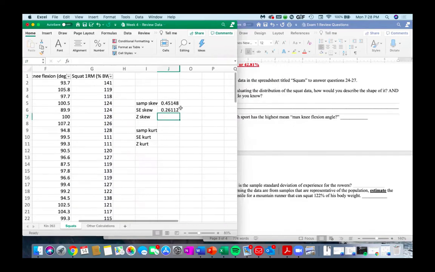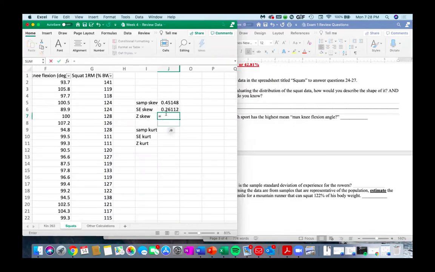Then we need to divide sample skewness by standard error to find our z-score of skewness. Based on this value, is our sample positively skewed, negatively skewed, or relatively normal? Relatively normal, because this z-score is between -2 and +2.